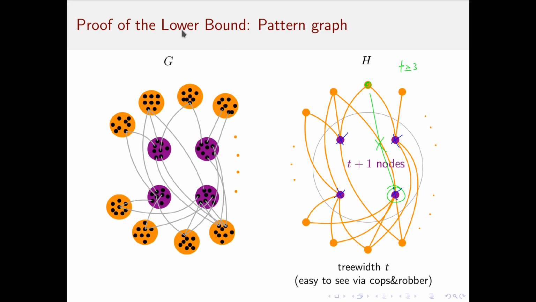Right, so that means that we can use the cop from here to catch our robber here. Okay, so we've shown that t plus 1 cops are sufficient to catch a robber on this pattern graph, which means that the Treewidth is at most t.